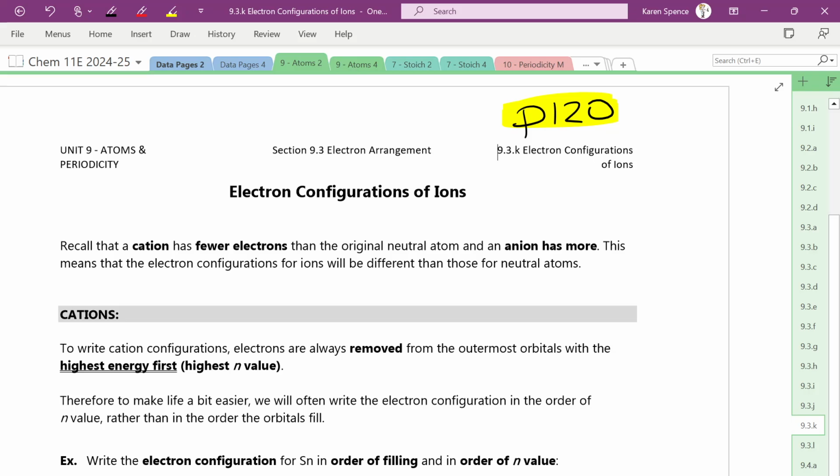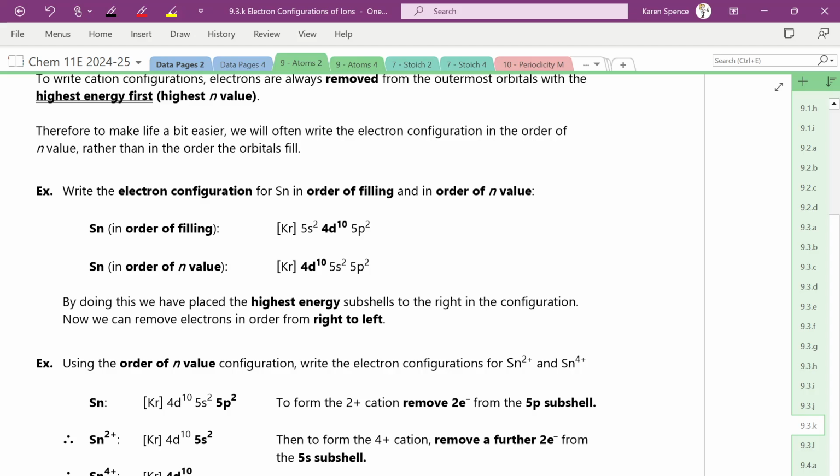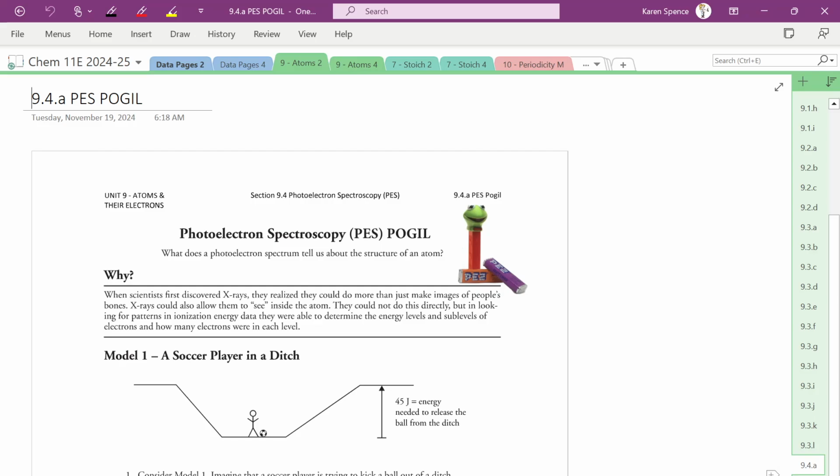Oh my God, we're almost finished section 9.3. It's a long one.